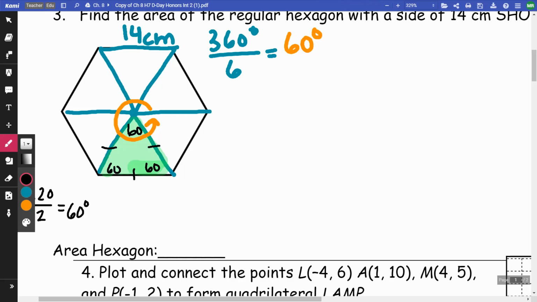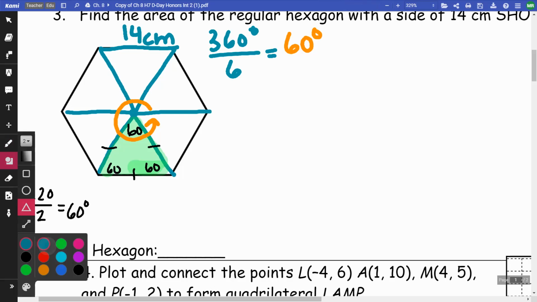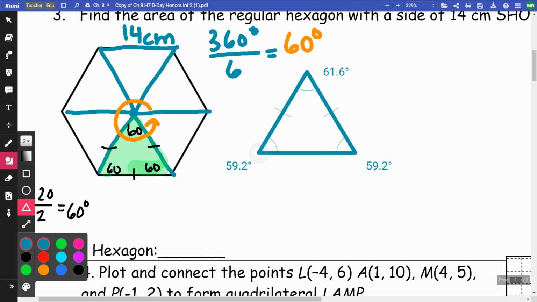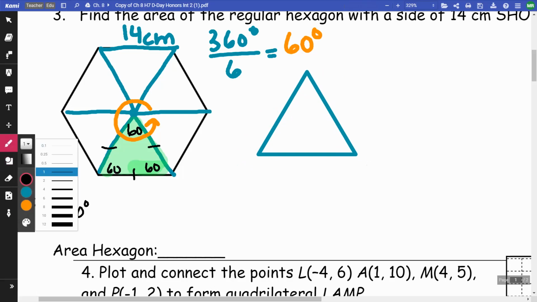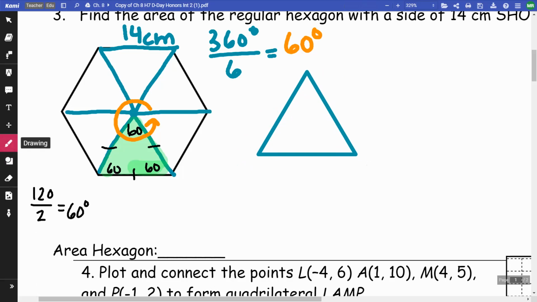So I've got a triangle. And I know that going across this bottom, this was 14 all the way across.